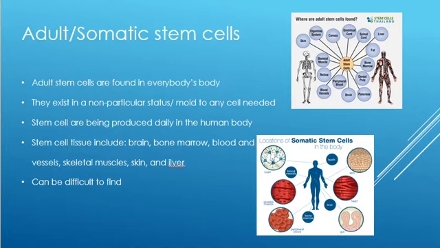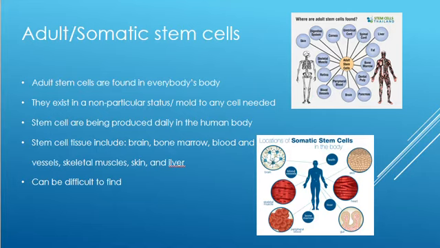So now we're on to the specific type of cell that I mostly look into. Adult stem cells. As you can see in the first point, they are found pretty much anywhere throughout the body, any organ, piece of tissue, and they can be used whenever it is needed.